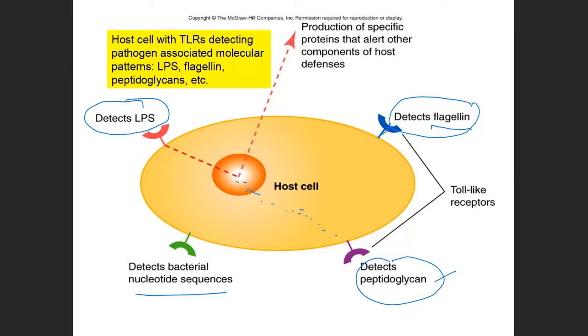And the types of proteins that will be synthesized will be those that will be secreted and will alert the immune system as to the presence of infectious agents. So these are non-immune system cells that can detect these bacterial components.